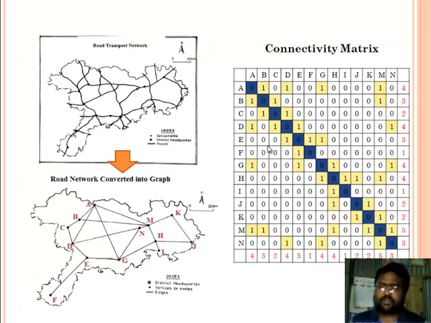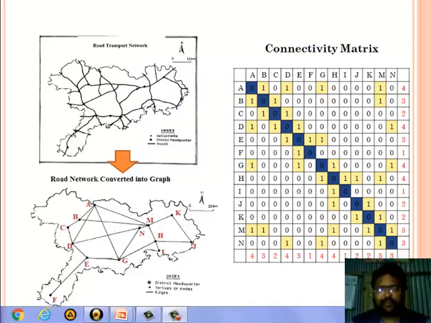Look here, this is the transport network, and that transport network is converted into a graph, and here is the connectivity matrix. As we saw earlier, the graph is composed of 13 vertices. Therefore, the connectivity matrix is composed of 13 by 13 grids.